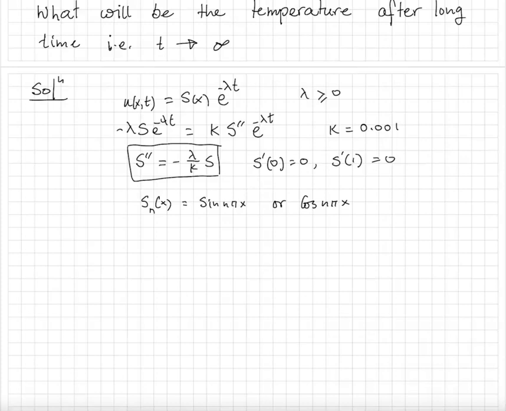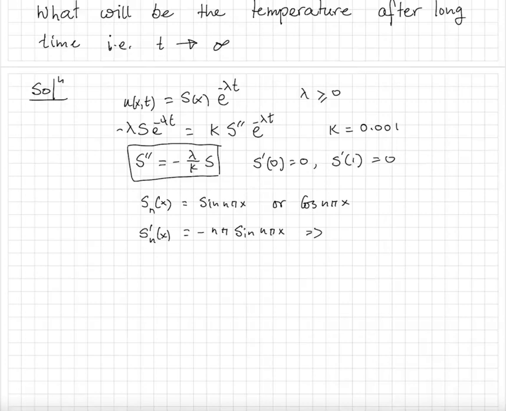Okay, so we need to satisfy the boundary condition. Obviously, we see that if I take sine, the derivative will be cosine, so that will not satisfy the boundary condition. Maybe we can just write the cosine part here: S_n'(x) is minus n pi sine n pi x.